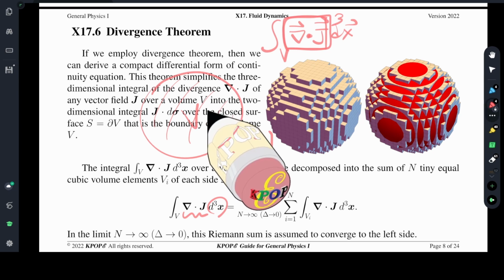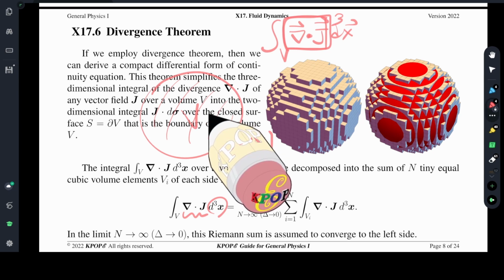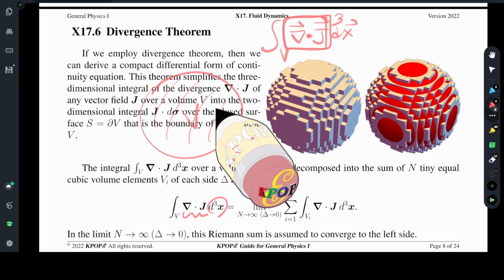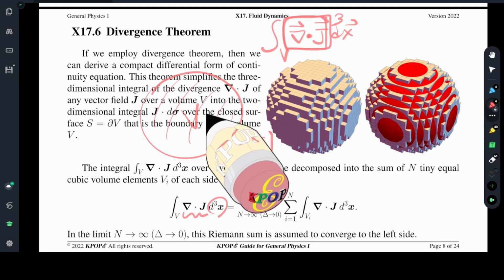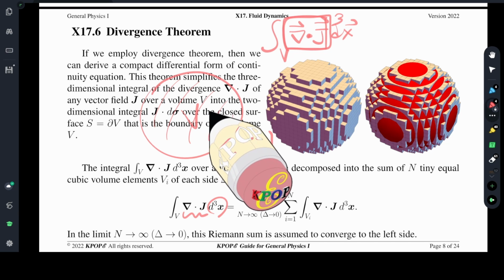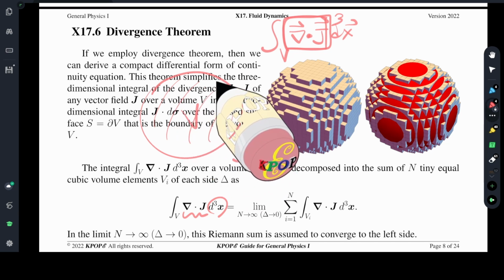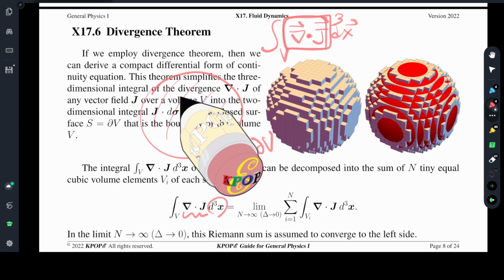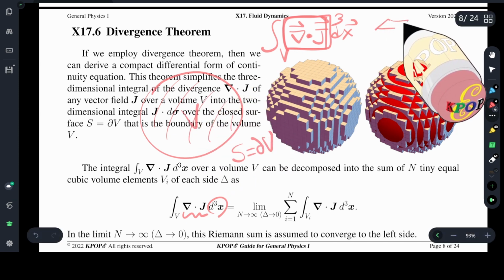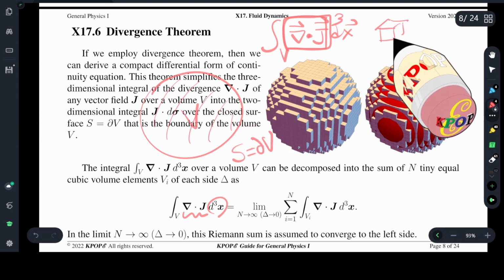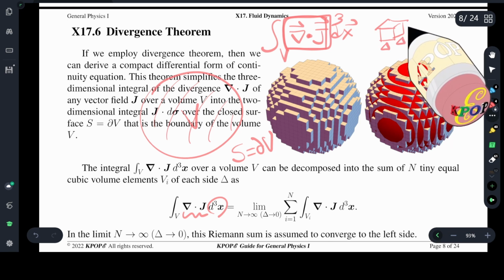In some cases we can directly compute it, but in order to prove the divergence theorem, it is more convenient to divide into many small pieces, especially into a cubic form. So it has a size delta, delta, delta.